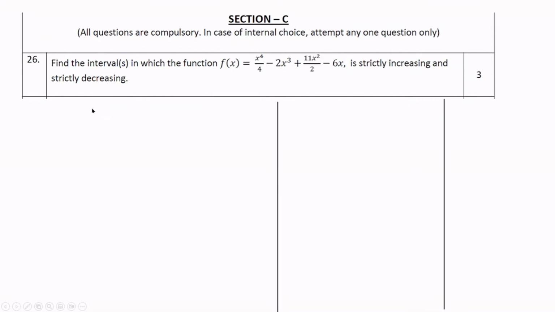First we have to find the critical points by equating f dash of x equal to 0, and then using that we can find the values of x, we can find the intervals, and then we can find the intervals in which this function is strictly increasing and strictly decreasing based on the sign of f dash of x.